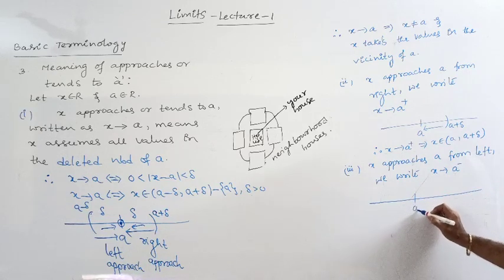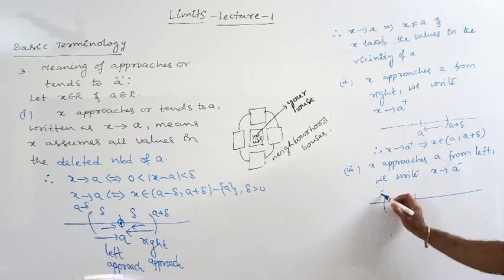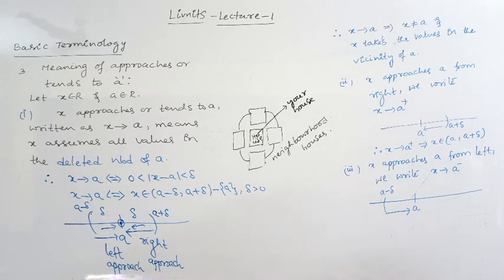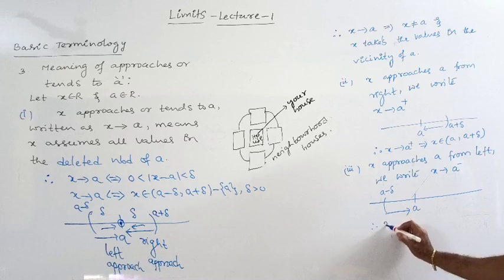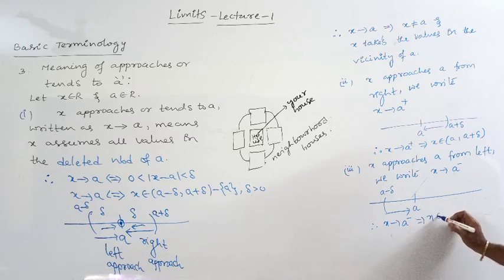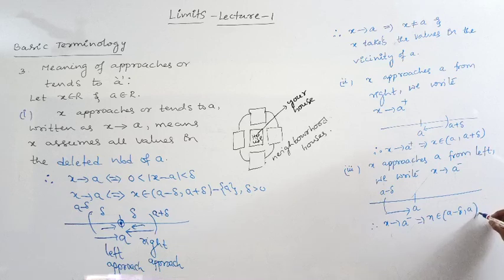This is A and this is A minus delta. You see, we are approaching A from left. So X tends to A minus implies X belongs to A minus delta to A. That's over. You got my point?